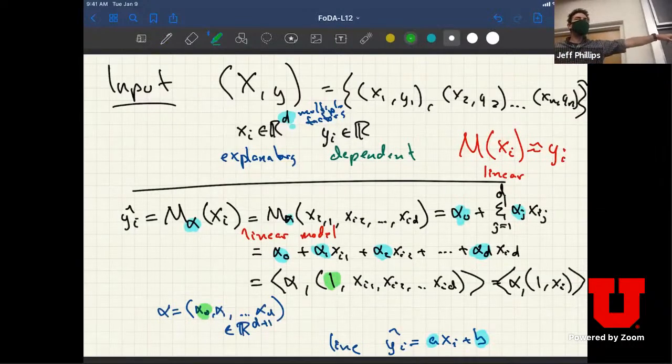But what's happened here is I can turn my data point, my explanatory data point, into just a vector of values, and my model is then just taking this dot product, just this multiplication step here.